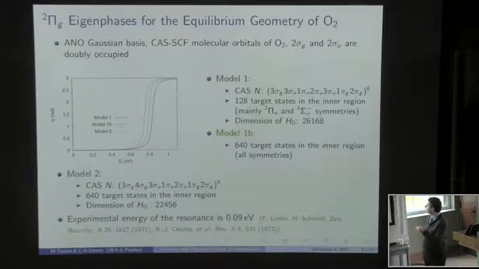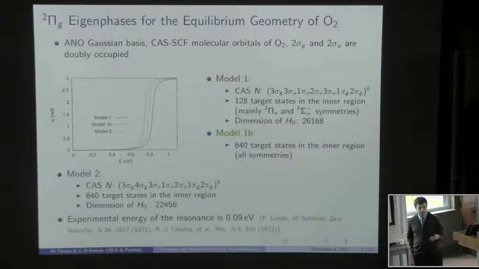In all our models, the 2 sigma G and 2 sigma U orbitals are doubly occupied in all the configurations. So this is the complete active space for model number 1 that is represented by the red curve, and you can clearly see here the resonance.